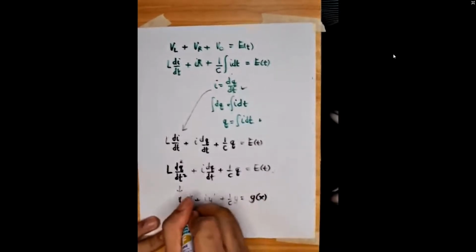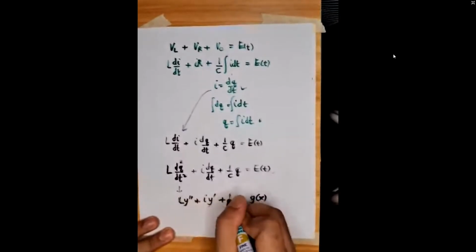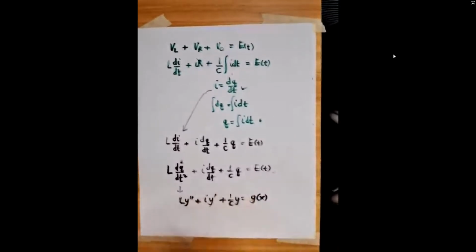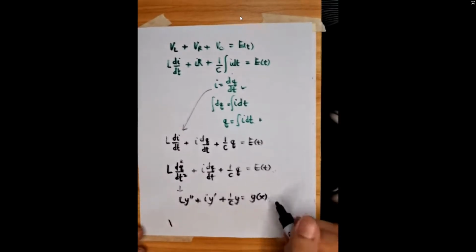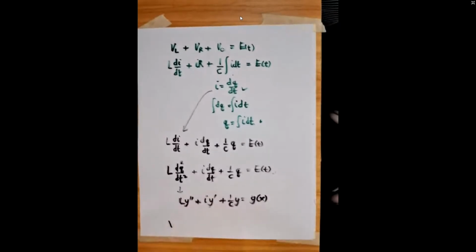Okay, di ba familiar? So, kung meron tayong value ng g of x, so that means nagiging siyang non-homogeneous higher order differential equation. Kung ito lang, hindi naman siya pwede maging zero.